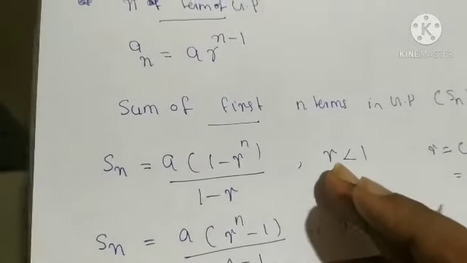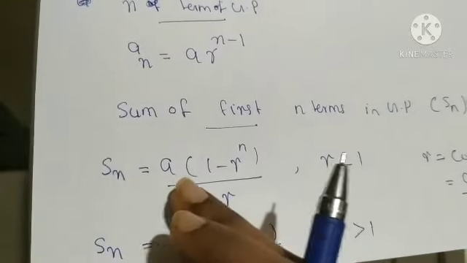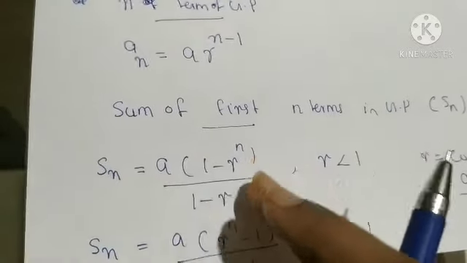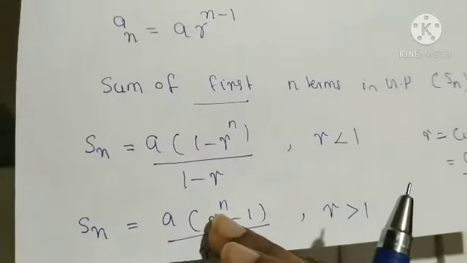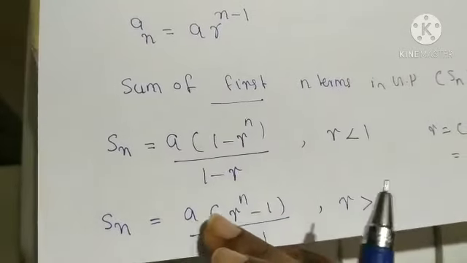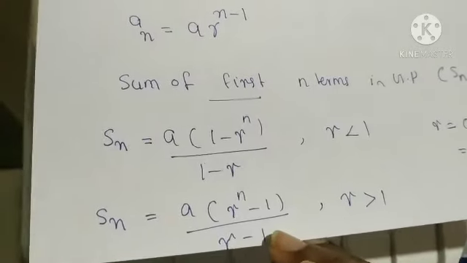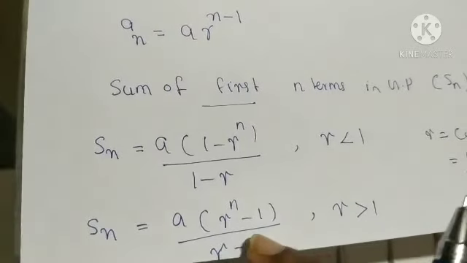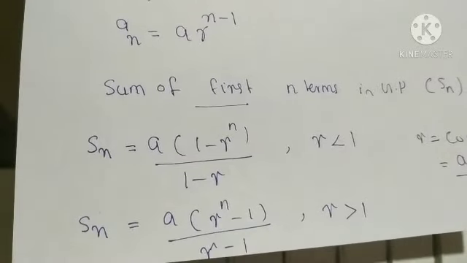If r is less than 1, use this formula: Sn equal to a into 1 minus r raised to n, divided by 1 minus r. And if r is greater than 1, that is, common ratio greater than 1, Sn equal to a into r raised to n minus 1, divided by r minus 1, is the formula for finding the sum of n terms of a GP.